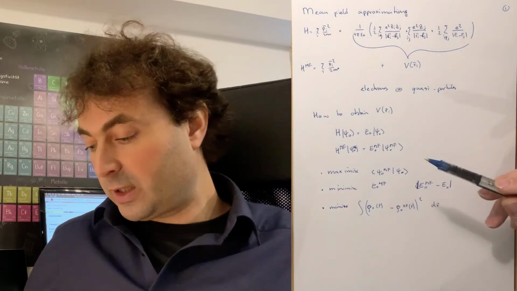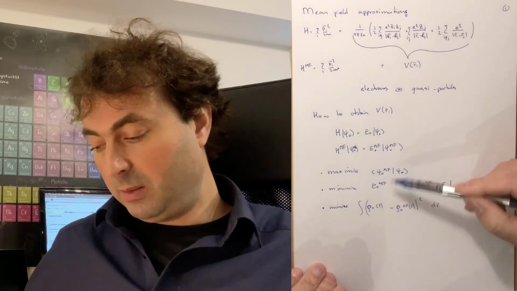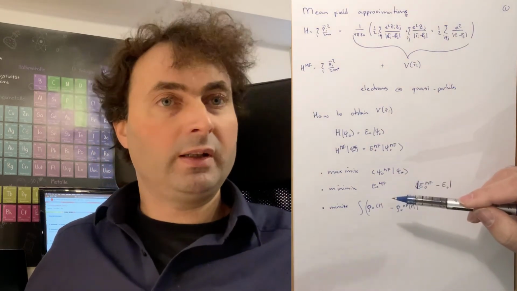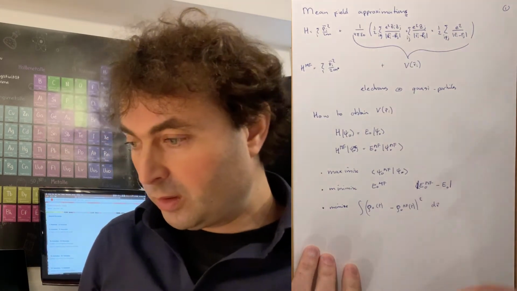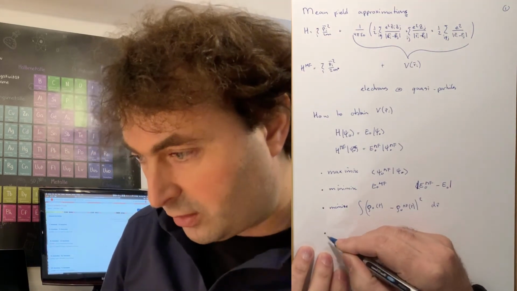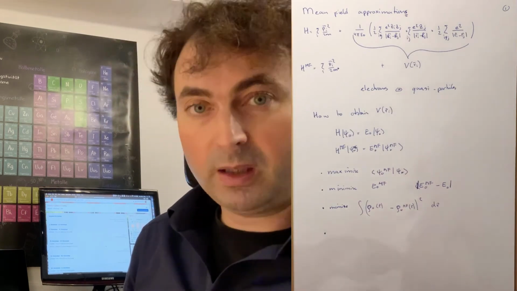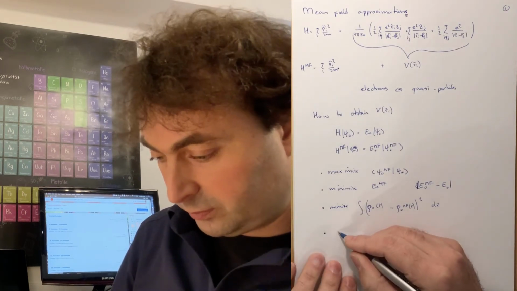And therefore you should expect that in methods that minimize the ground state energy, the excited states are at too high energies. So if you look at excitations, you can better minimize energy differences.